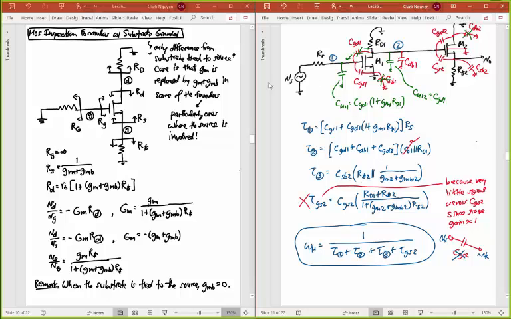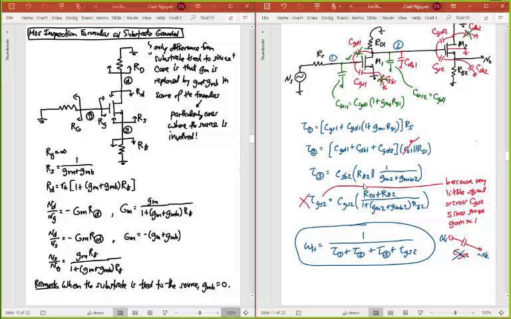And so now I've pretty much done an MOS inspection analysis. You see that it's very similar to bipolar. It's actually simpler. And so for MOS, small signal analysis is simpler than bipolar. However, for MOS, biasing is more difficult than bipolar, as we talked about before. You have to calculate more things. You have to deal with more nonlinear things.